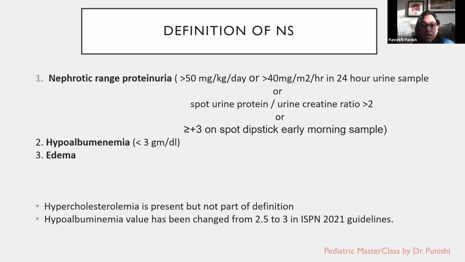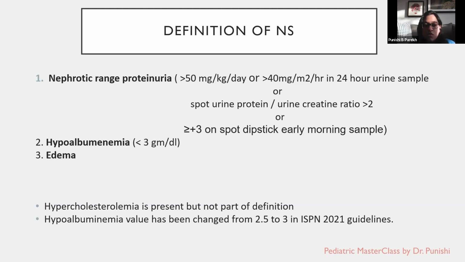So that's the first thing, nephrotic range proteinuria. Second is hypoalbuminemia, which is defined as serum albumin less than 3 gram per deciliter. Remember that the definitions, complications, etc., that we're going to talk about today are predominantly according to the ISPN 2021 guidelines, the Indian Society of Pediatric Nephrology.